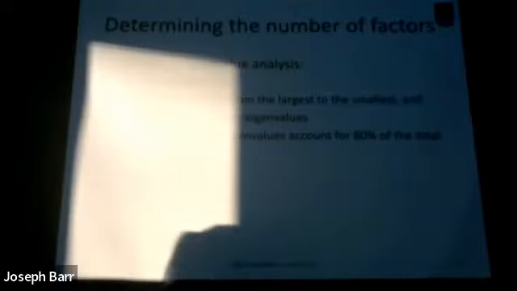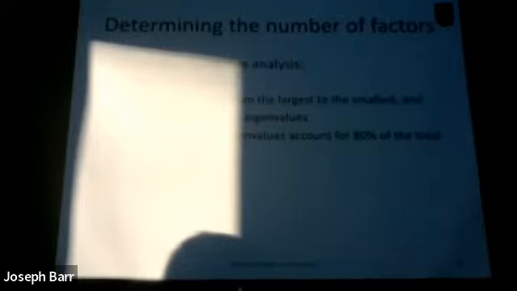Suppose the biggest one is 3, the second one is 2, and the third one is 1. The first cumulative value is 3. The second is 3 plus 2, which is 5. The third is 3 plus 2 plus 1, which is 6.